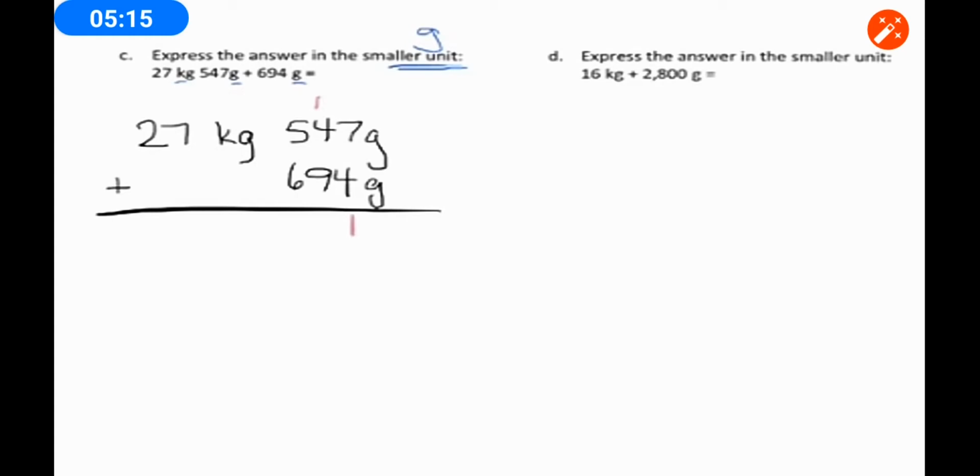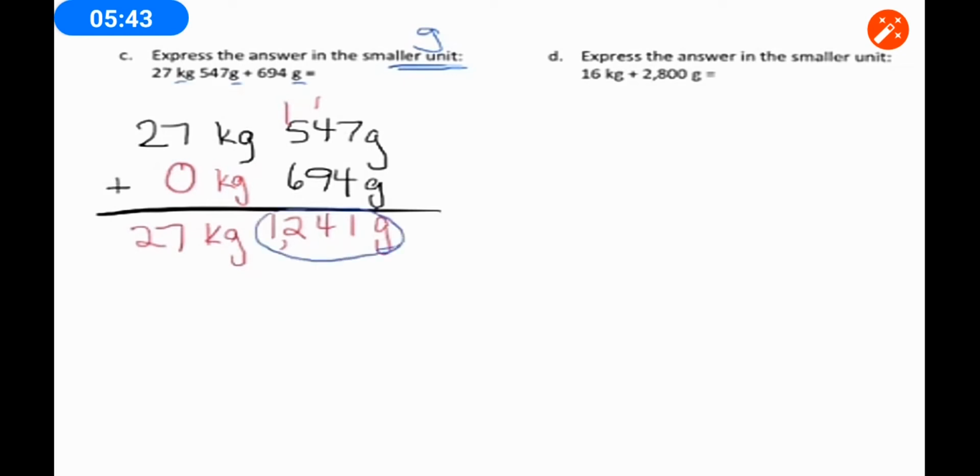7 plus 4 is 11, carry 1. Then we have 14, carry 1. We have 12. 1,241 grams. Then we have 0 kilograms. Since we are not given a kilogram, there is 0, so 27 kilograms.